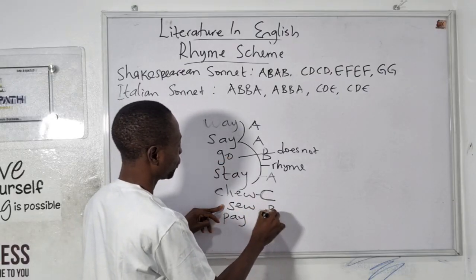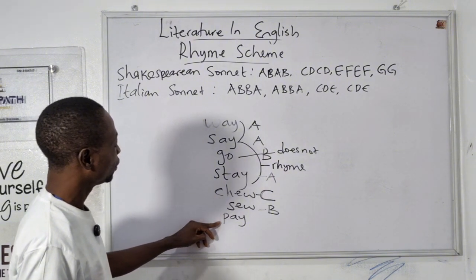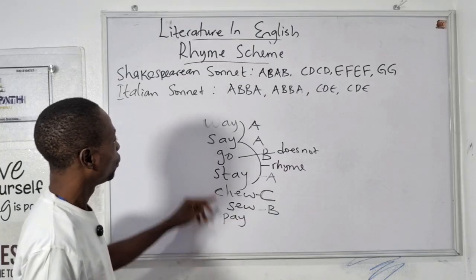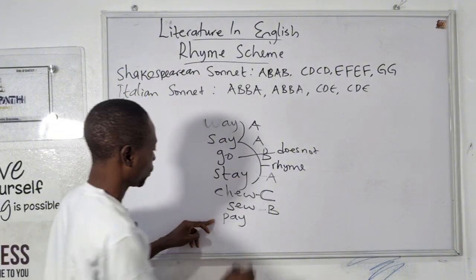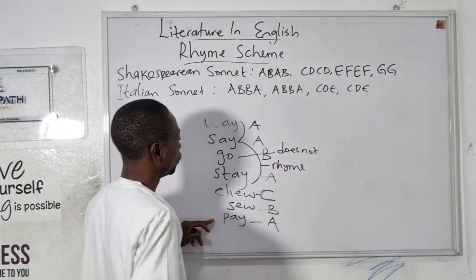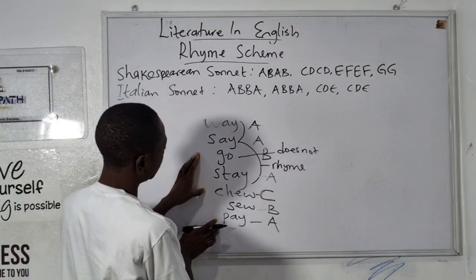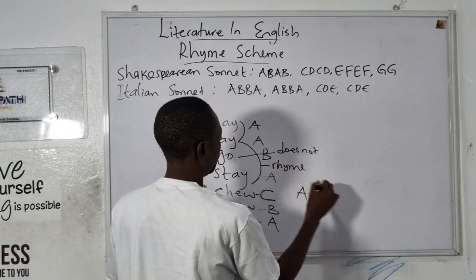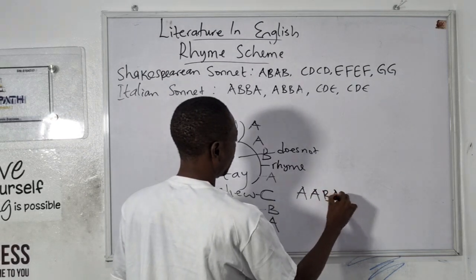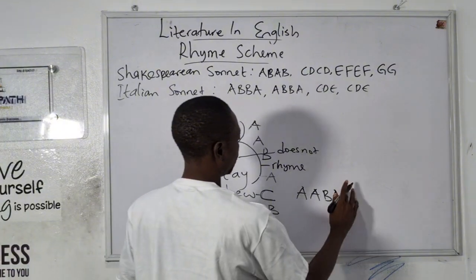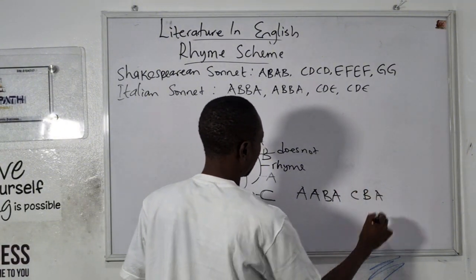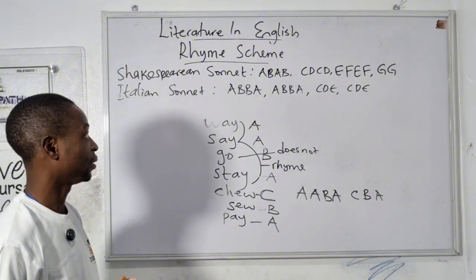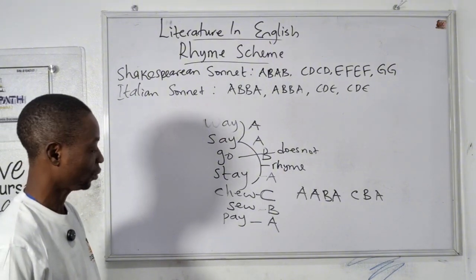You name this one also B. Then the last one here is pay, which rhymes with the first set A. You name it again A. So in this 7-line example, our rhyme scheme will now be A, B, A, B, C, B, A. So that's how to identify the rhyme scheme of any poem you are given.